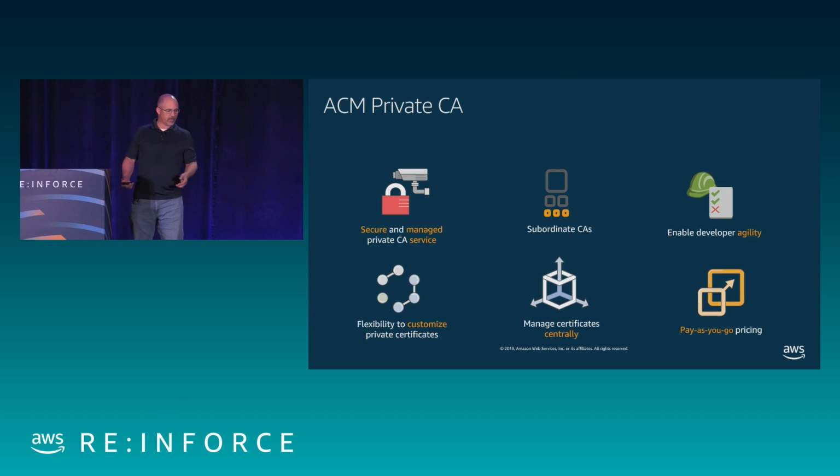And ACM Private CA is a managed private CA service without the upfront investment and ongoing maintenance costs of operating your own private CA. There's no need to build your own CA infrastructure with ACM Private CA. It's secure, it's backed by FIPS 140-2 level 3 HSMs, and there's no need for you to manage the HSMs, it's part of the service.